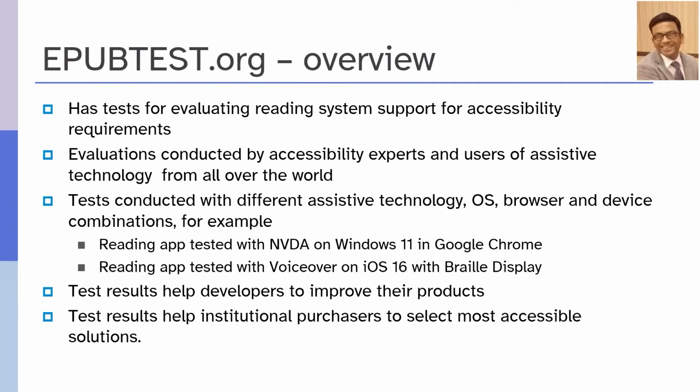If they are serving a person with a certain disability, then they can check the EPUB test results and accordingly select the app which is providing maximum accessibility and flexibility to that group.